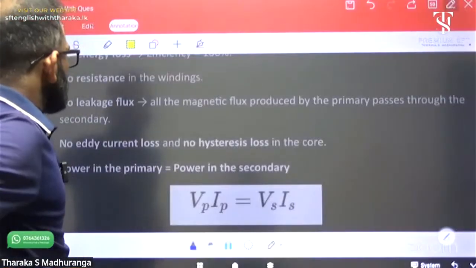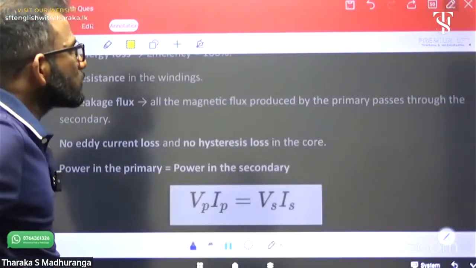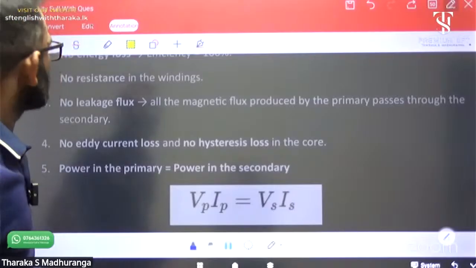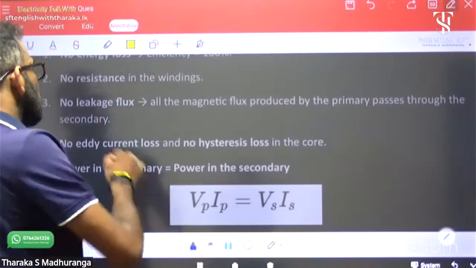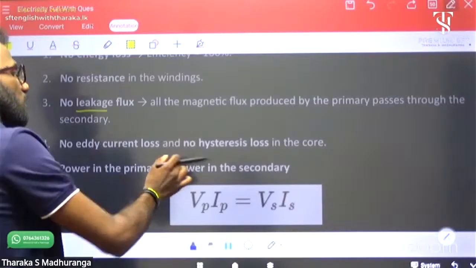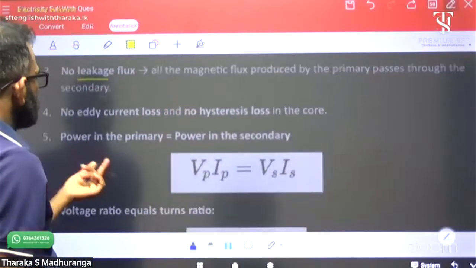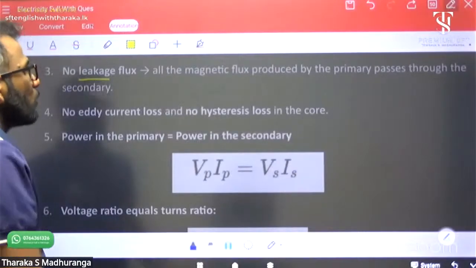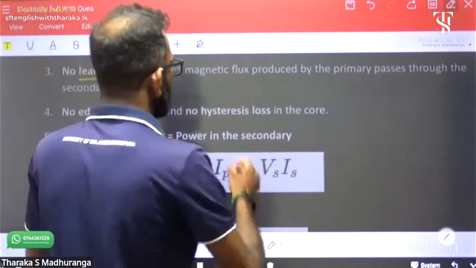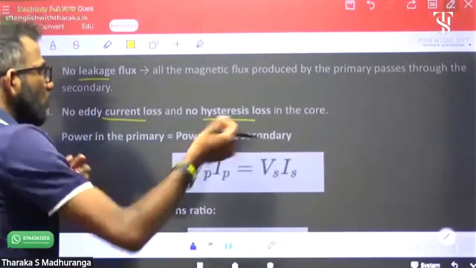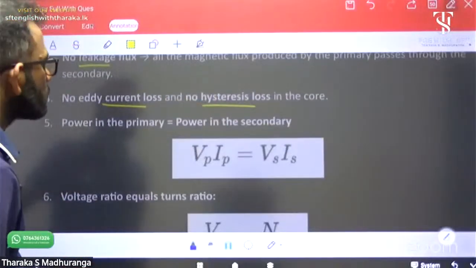No flux leakage: the magnetic flux produced in the primary passes through the secondary. If it has magnetic leakage, it's energy loss. No current loss or any other type of loss.